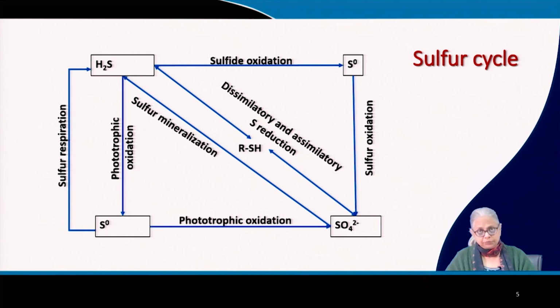So the number of processes present in nature that allow sulfur to be recycled through all these different paths is enormous, as is the diversity of bacterial species.